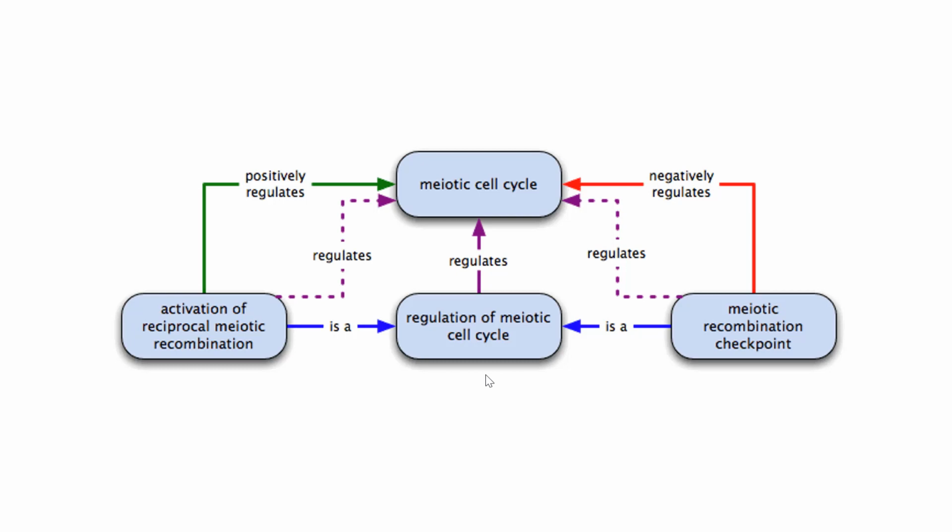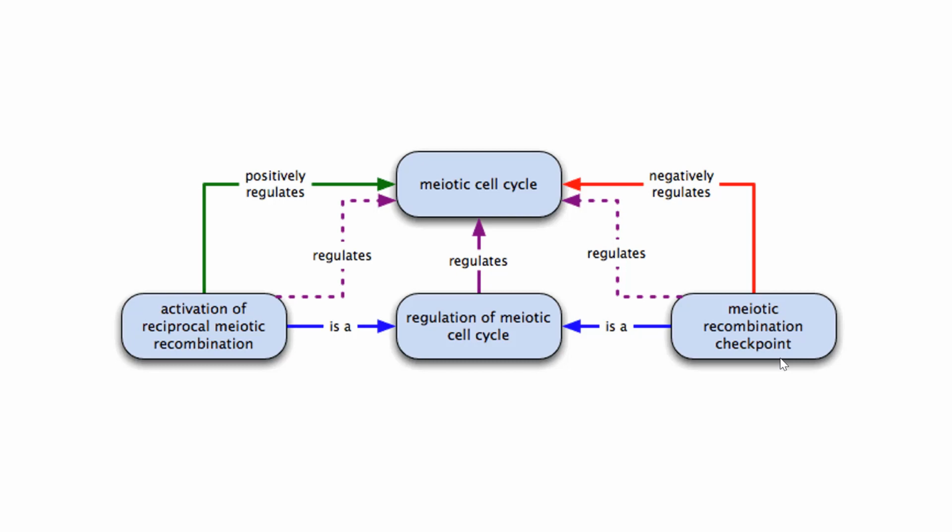And so in this spindle checkpoint in meiosis, the cell is checking for this process of recombination. It's checking to ensure that these homologous chromosomes are attached together, that recombination that takes place at the end of prophase 1 and continues into the beginning of metaphase 1, it's ensuring that those homologous chromosomes are actually physically attached together.